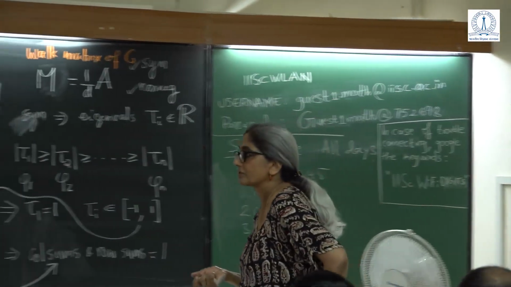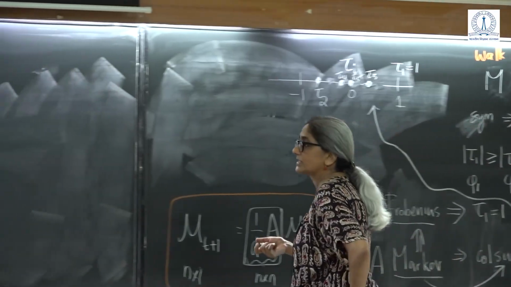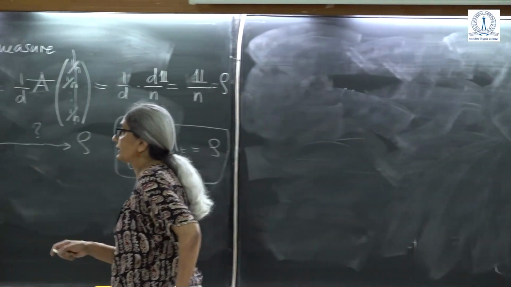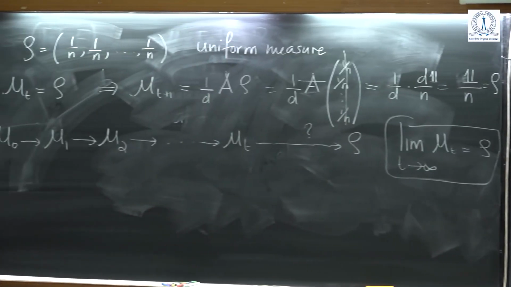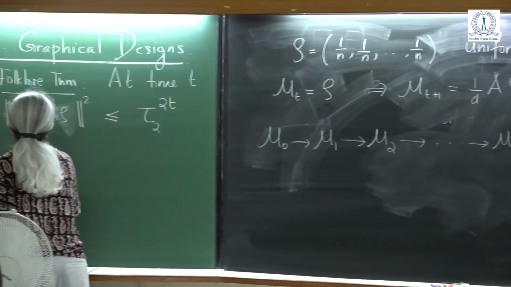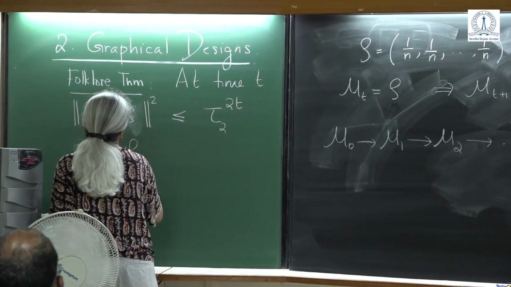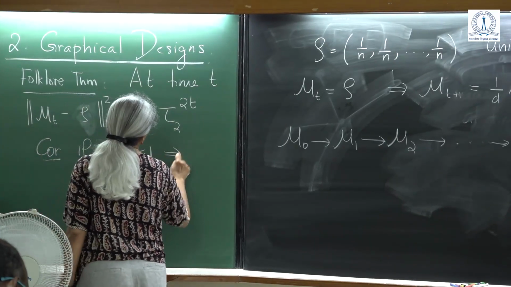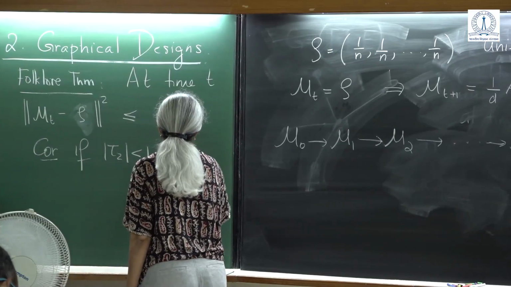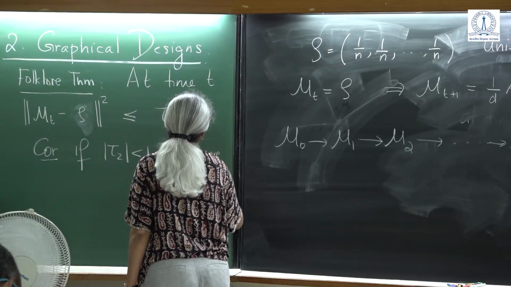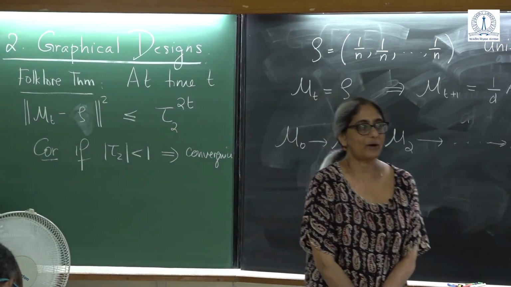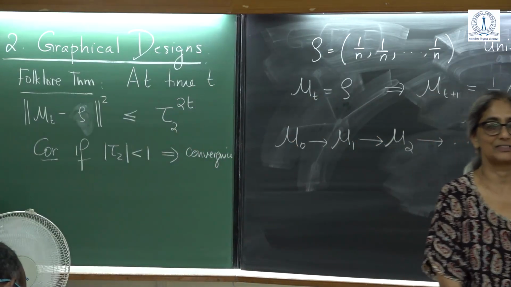So as time goes to infinity, tau 2 to the 2t is going to go to 0. So the corollary: if tau 2 in absolute value is less than 1, this implies that you will get convergence. Is that okay? Okay, what happened in the cube graph? Why didn't it converge?